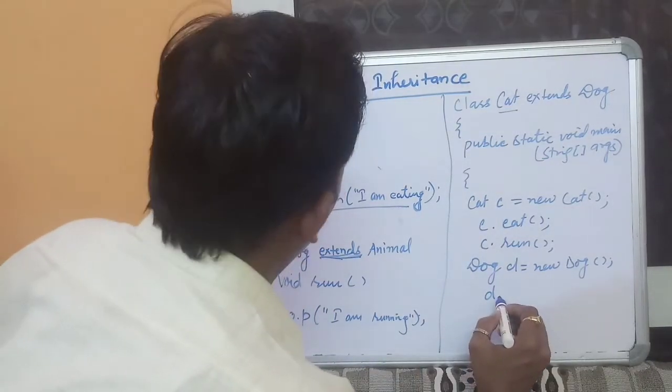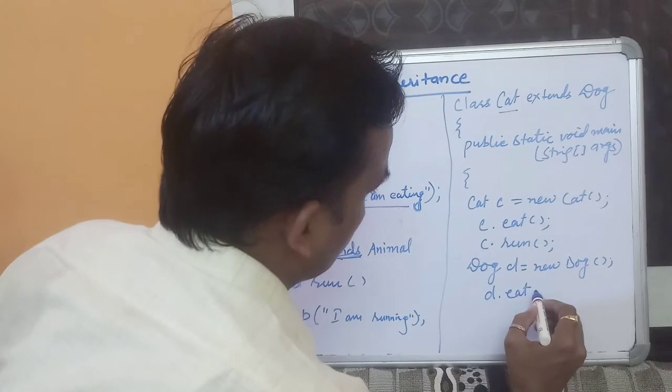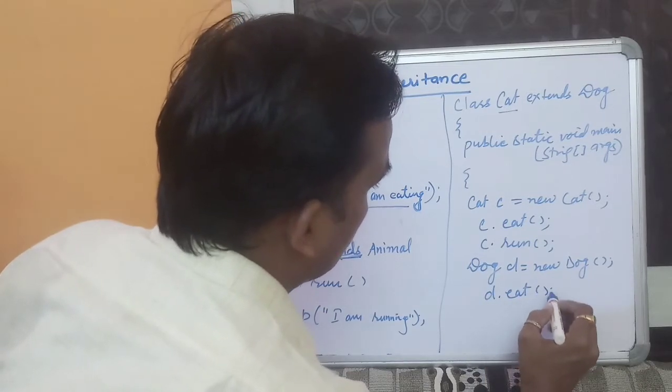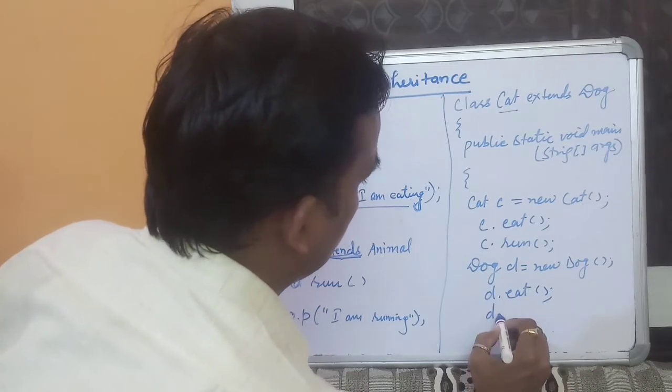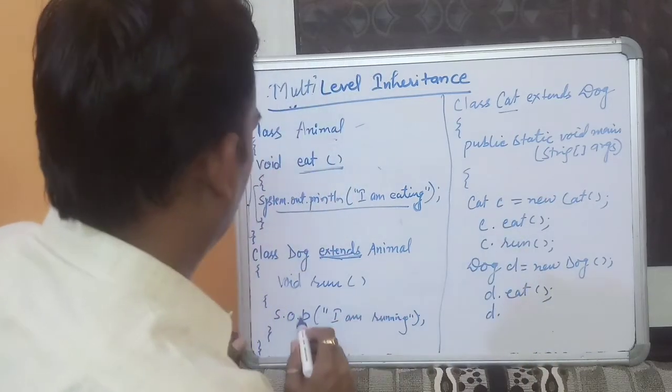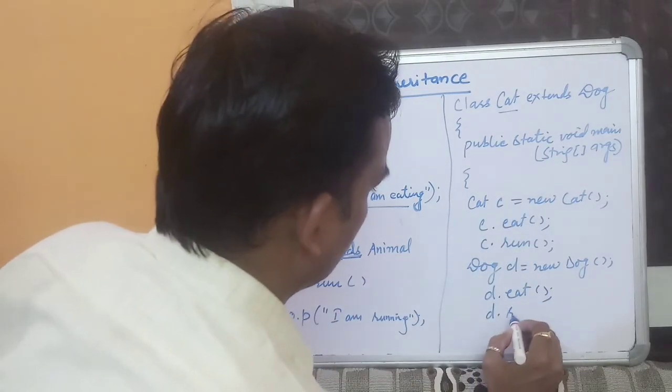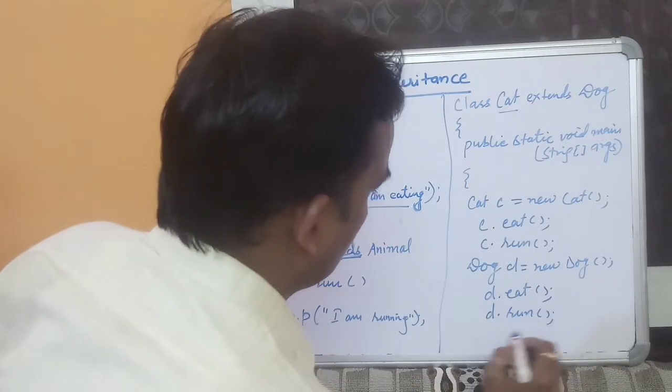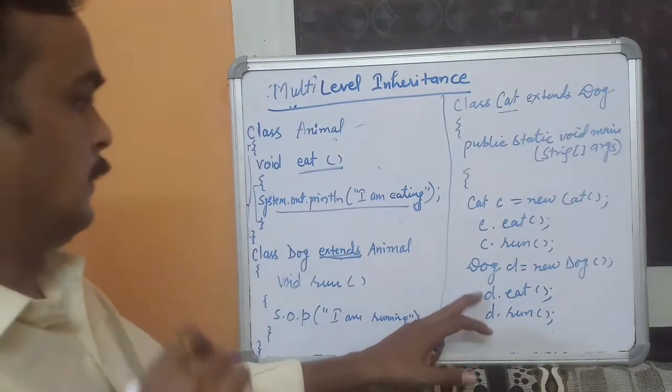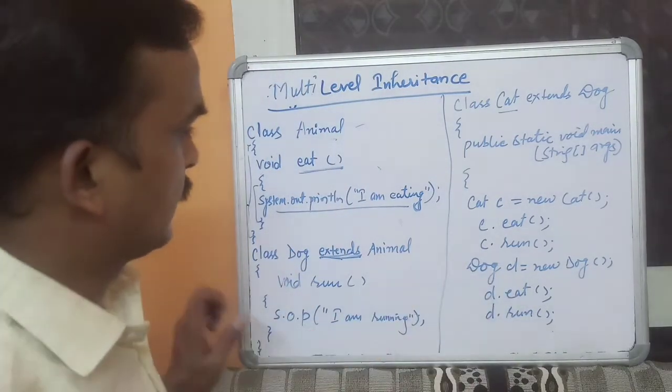So d dot eat and d dot run. Both the methods will be accessed by this object.